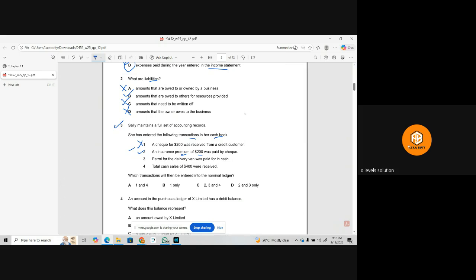Again, this is an expense, so we will enter this into the nominal ledger. So third could be a right option. Fourth is that total cash sales of $400 were received. Cash sales are recorded in the cash sales account, so this will not be entered in the nominal ledger. So two and three is the right option.